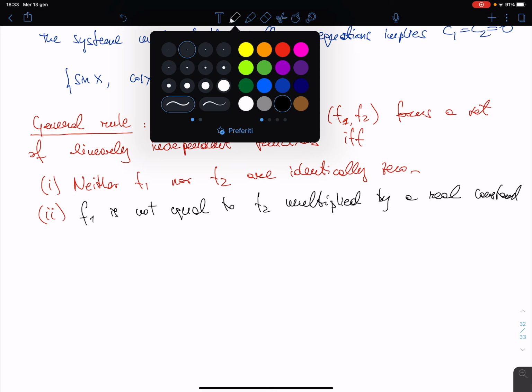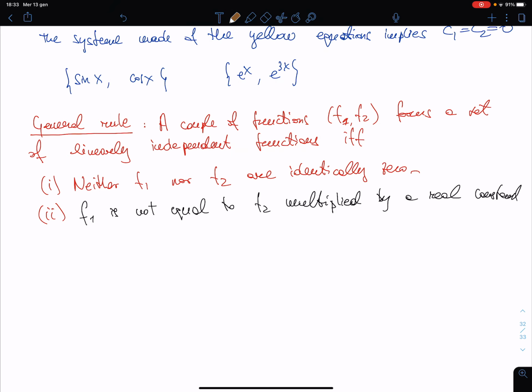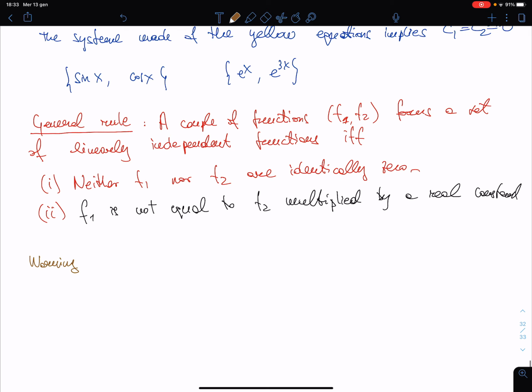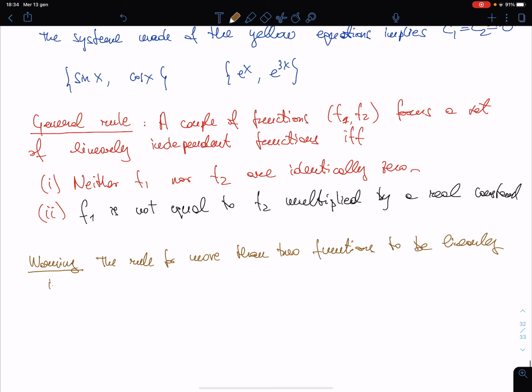But attention, warning: the rule for more than two, for instance three, to be linearly independent is more complicated.